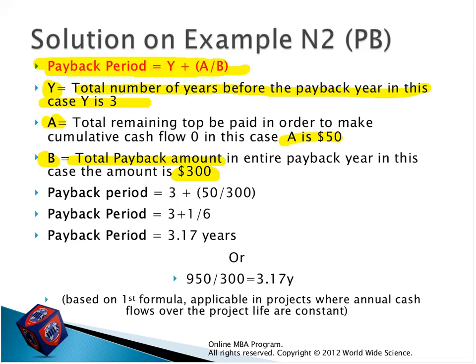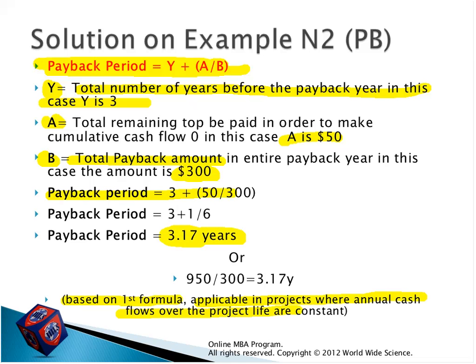So, based on the formula, when we put all the items in the formula, we will get that the payback period of this project will be equal to 3.17 years. It is around 3 years and 2 months, let's say. Or if you use the first formula, which is applicable in a project where annual cash flows over the project life are constant, which means they are the same, like here we have 300 profits for each year, the same amount of profits for each year, we can use the first formula.